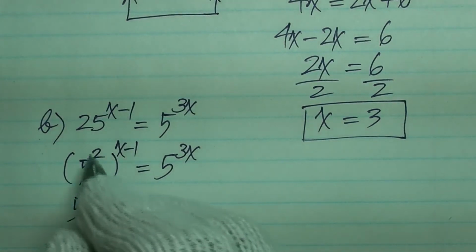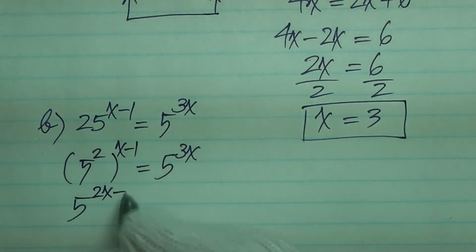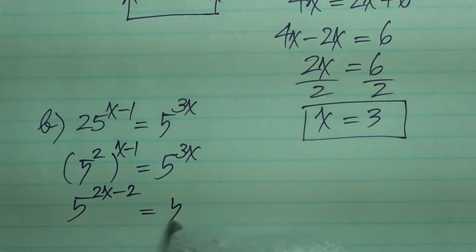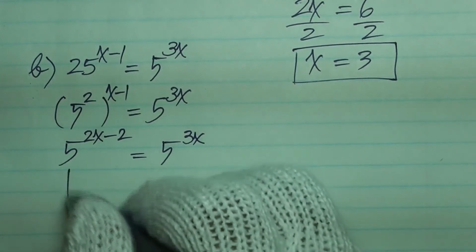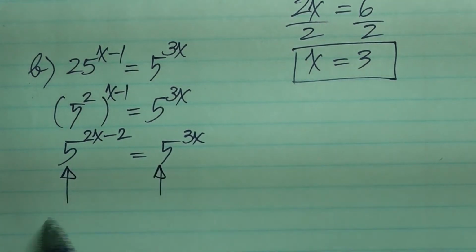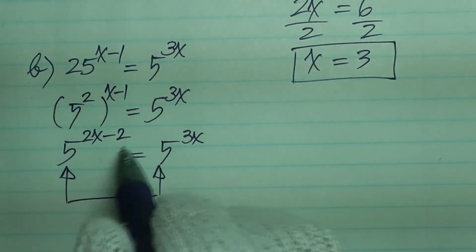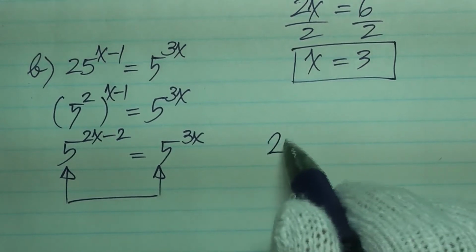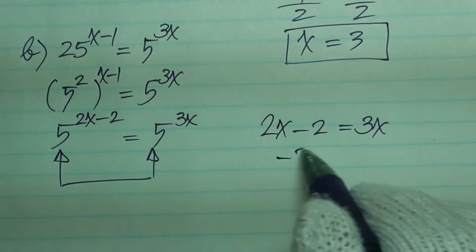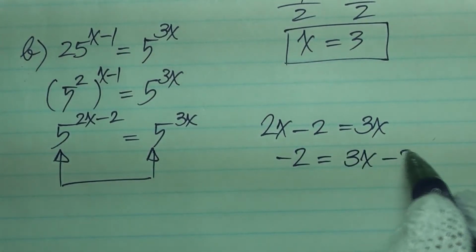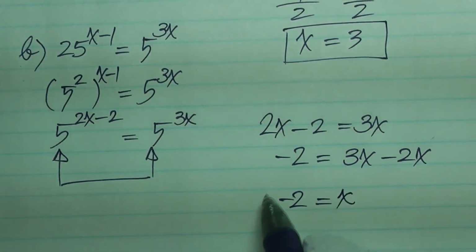This will give me 5, 2 times x, 2 times negative 1, since my bases are equal, I can now say 2x minus 2 equals 3x. Minus 2 equals 3x minus 2x. Minus 2 equals x.